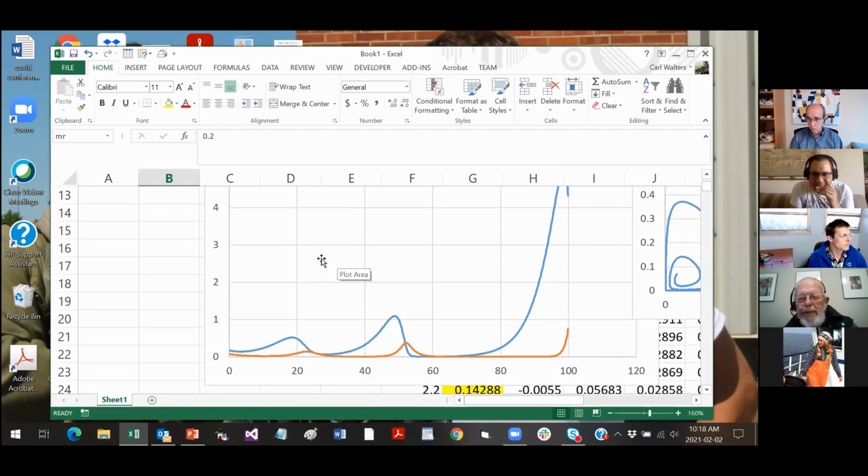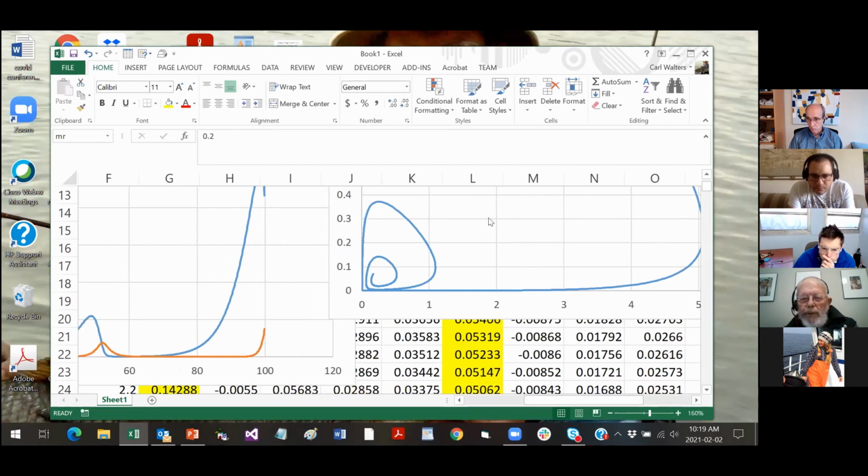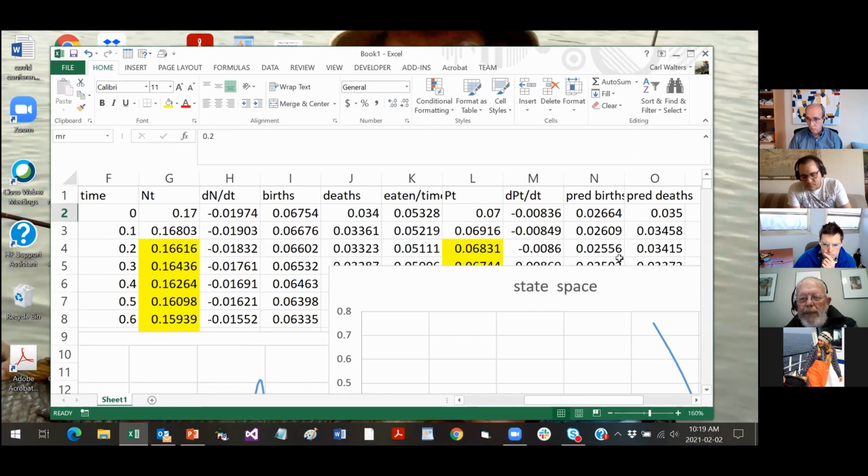Okay, but what you see happening as soon as I put in that limitation on how much predators can eat is that the system that I had predicted would dampen towards an equilibrium, I now predict will go into an oscillatory mode. It will start oscillating, and the oscillations will get bigger.